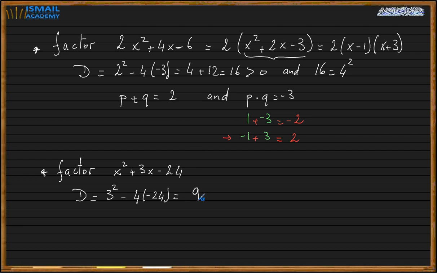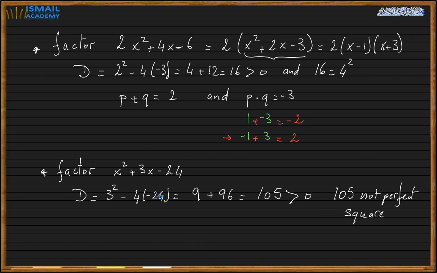So it's going to be 9 plus 96, which is 105. 105 is positive, but it's not a perfect square, which means I cannot use direct factoring to factor this.